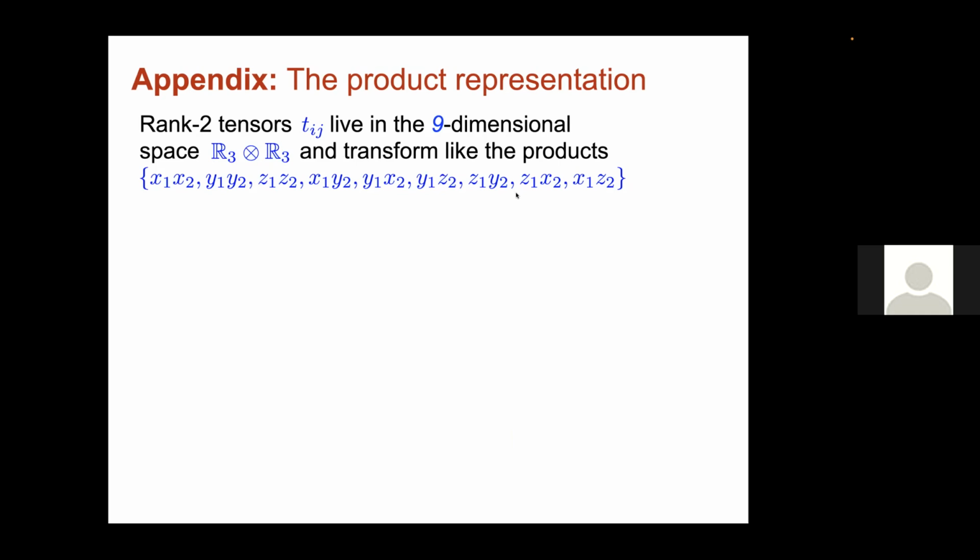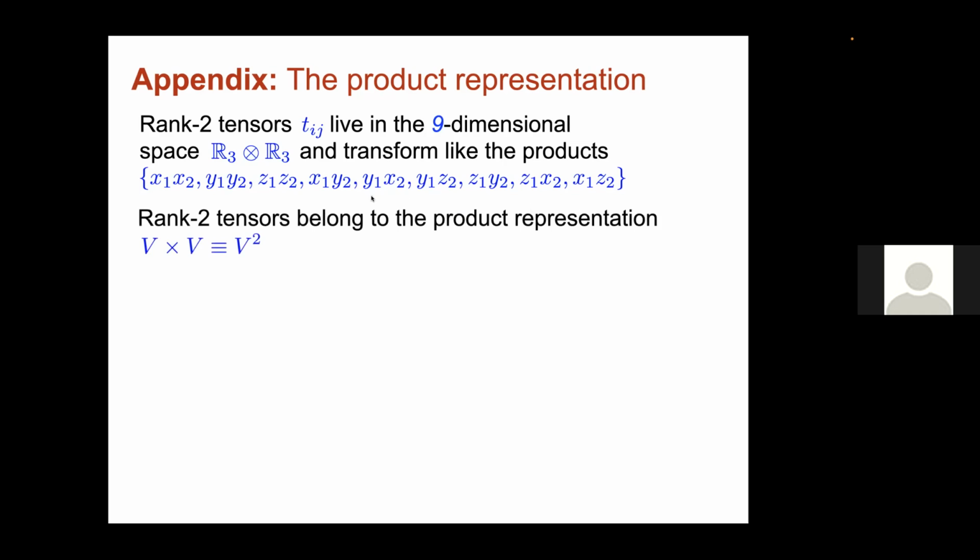The polarizability is special in that it's symmetrical and it lives in a smaller space. Okay, we'll see that next time. But let's forget about the symmetrical case in general. Rank 2 tensors belong to the product representations. By definition, the way these 9 products of coordinates transform is the V squared representation. This is just a definition.